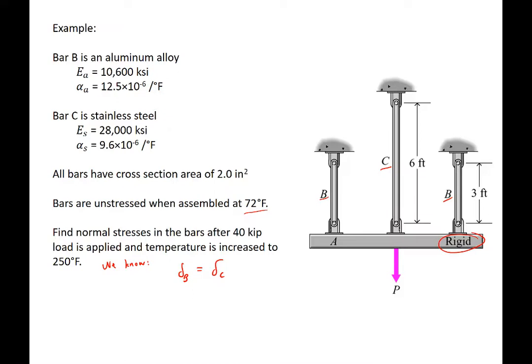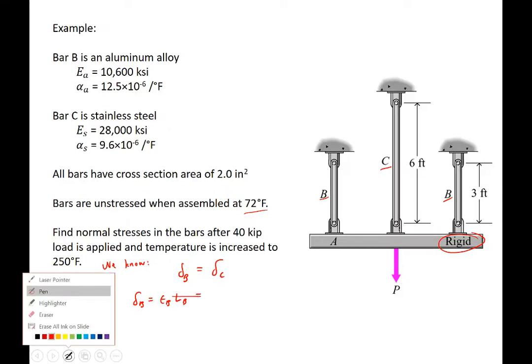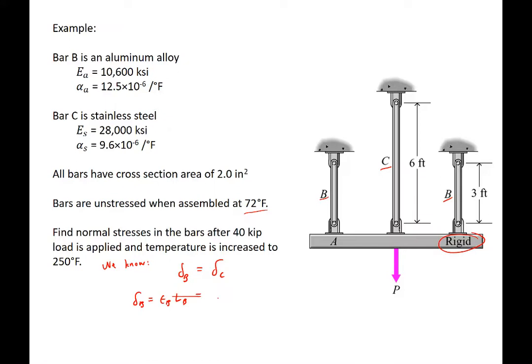We can also write that delta B is equal to the strain in B times the original length of B, which then is going to be equal to alpha B delta T plus sigma B over the elastic modulus of B times LB.